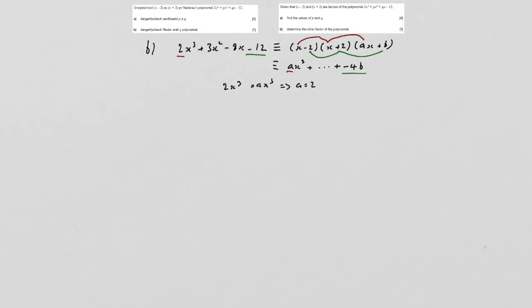And we also have minus 12 equals minus 4b, which tells us that b equals 3. And therefore the other factor, and it's important to write it out, is going to be 2x plus 3.